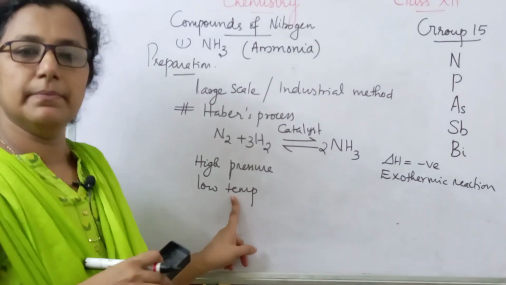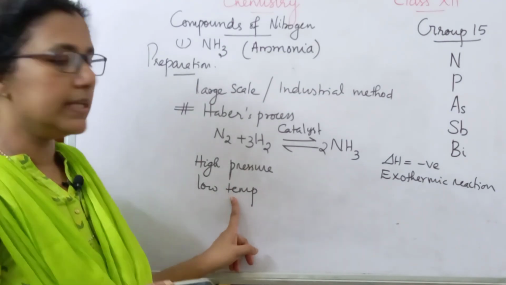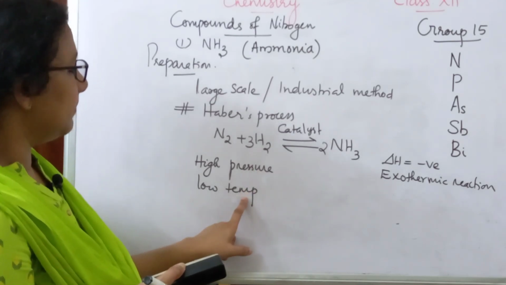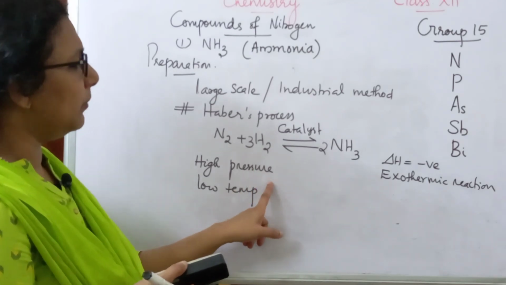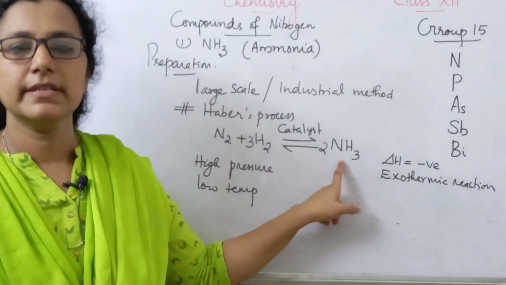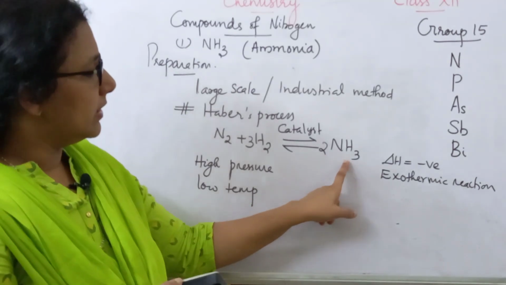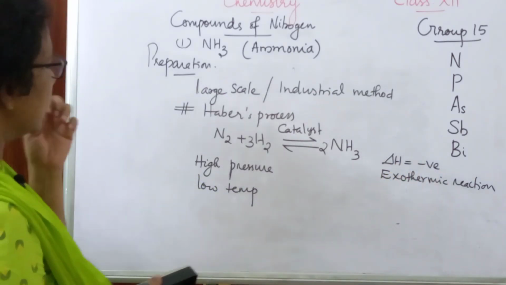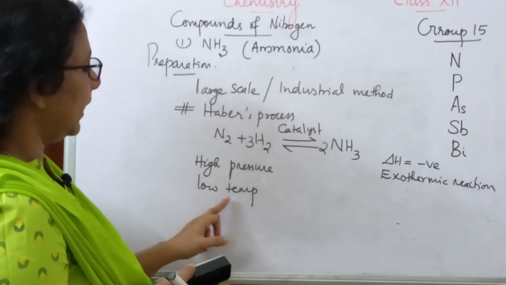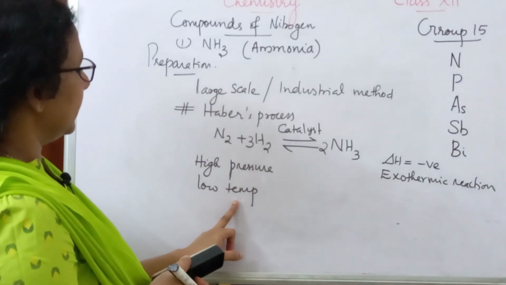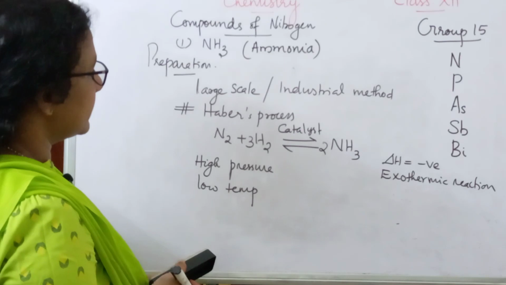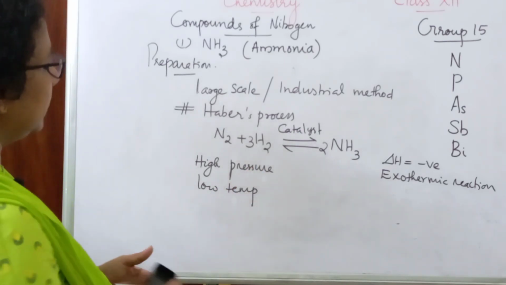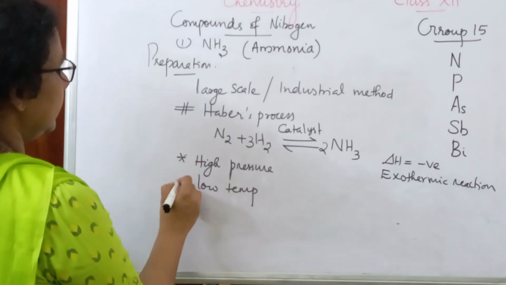If you are lowering the temperature, the system will try to increase the temperature. Since delta H is negative, it's an exothermic reaction, so high pressure and low temperature are needed according to Le Chatelier principle to maximize the yield of ammonia. So these are the important points.